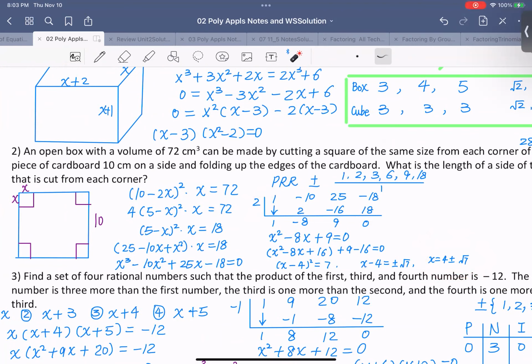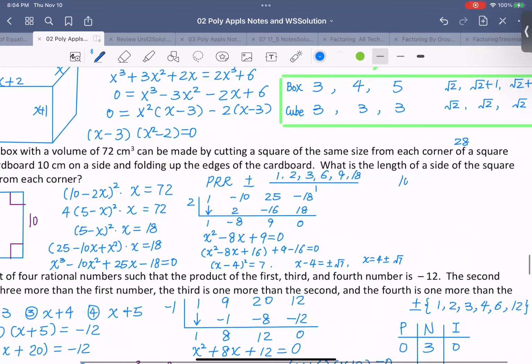We have to make sure, be careful about the restriction. Even though in the question, there's no saying your x will be between what and what, you have to know that for the real world question, the dimension has all to be positive. So that means this guy has to be positive, right? Yes.